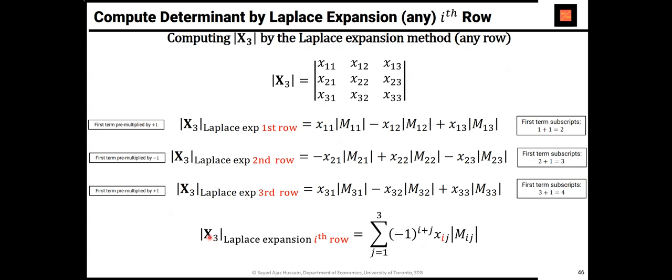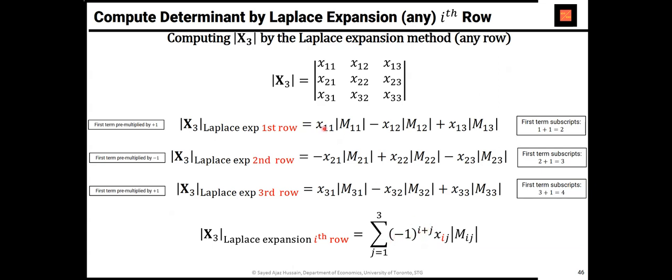Supposing I want to expand a 3 by 3 matrix by any row that I want. So this formula will work. And you should really map this equation to each of these three lines. Make sure you can do by the first row using sum, second row using sum, third row using sum. Make sure you get this, right? And you notice why this works. Minus 1 to the power i plus j.